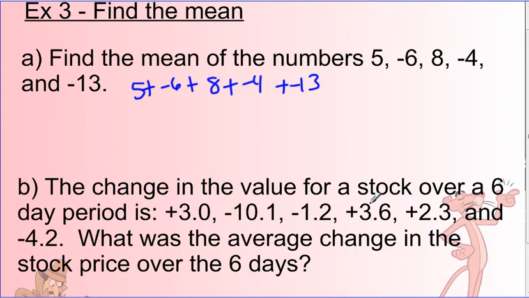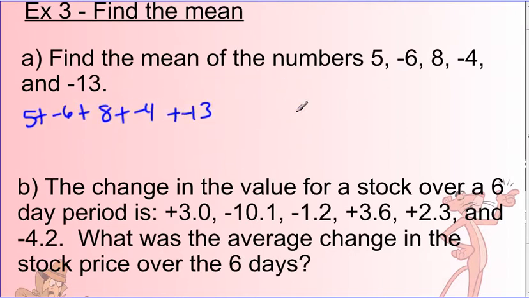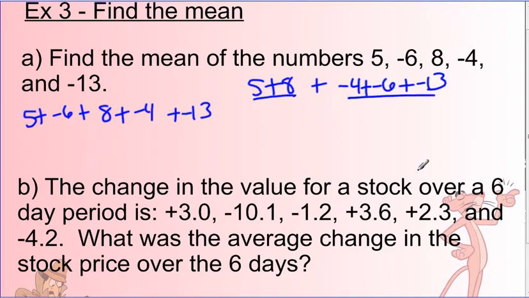Me personally, I'd rather add all the positives together first and then add all the negatives together and then combine the positive and negative. So if I rearrange it as 5 plus 8 plus, and then my negatives, negative 4 plus negative 6 plus negative 13, then I can do that and then that, and it'll be a little bit easier for me.